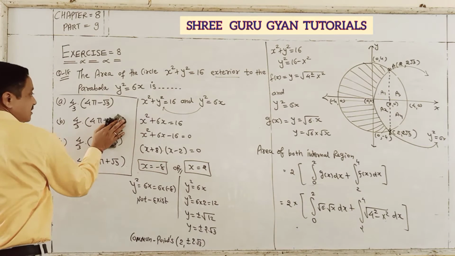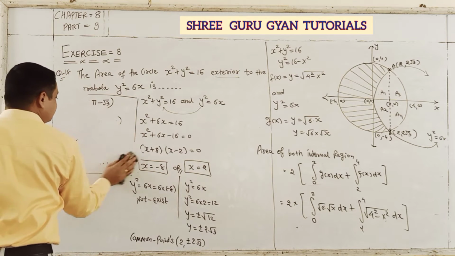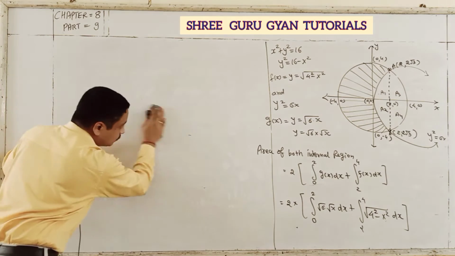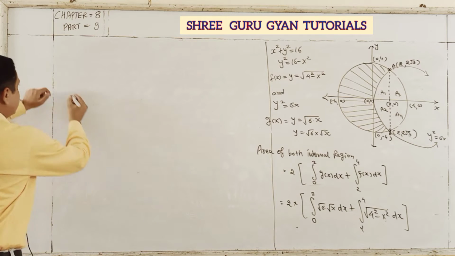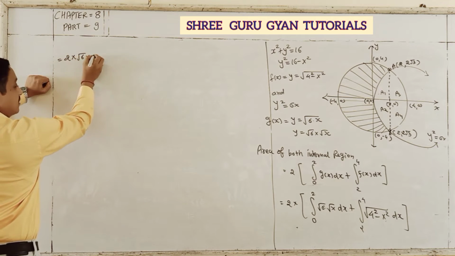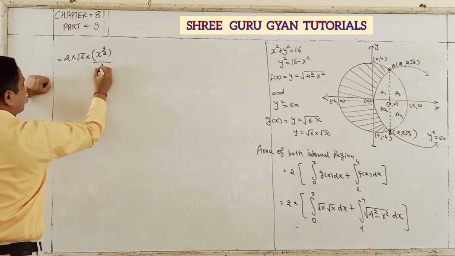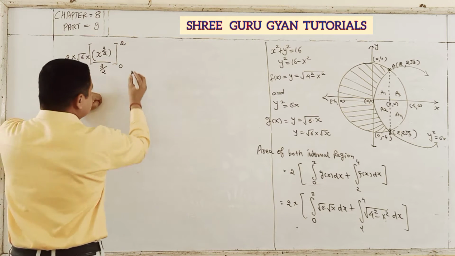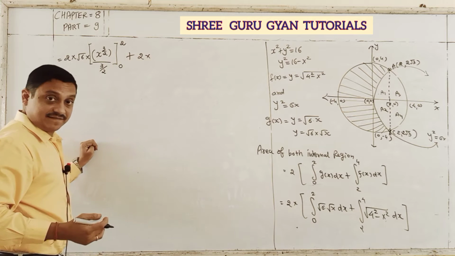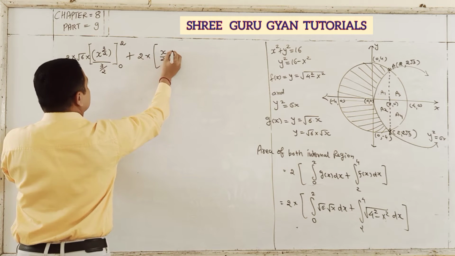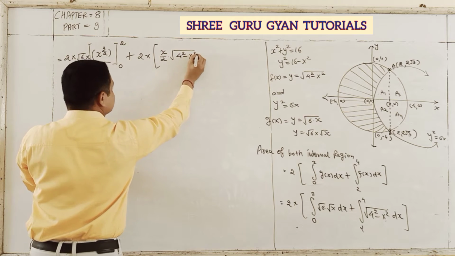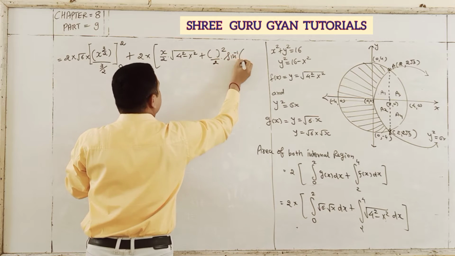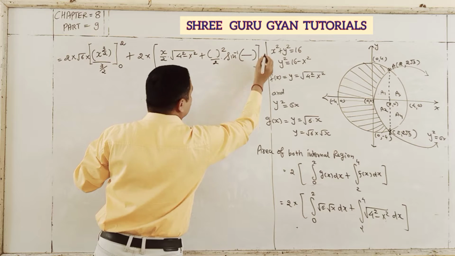So students, I start my small journey into the integration part. The calculations are very easy. It is 2 times, and root 6 is outside, x raised to 3 by 2 over 3 by 2, and the boundary is 0 to 2, plus 2 times, again the multiplier inside, and the formula is x by 2 under root 4 square minus x square plus a square by 2 sine inverse, but the boundary is 2 to 4.